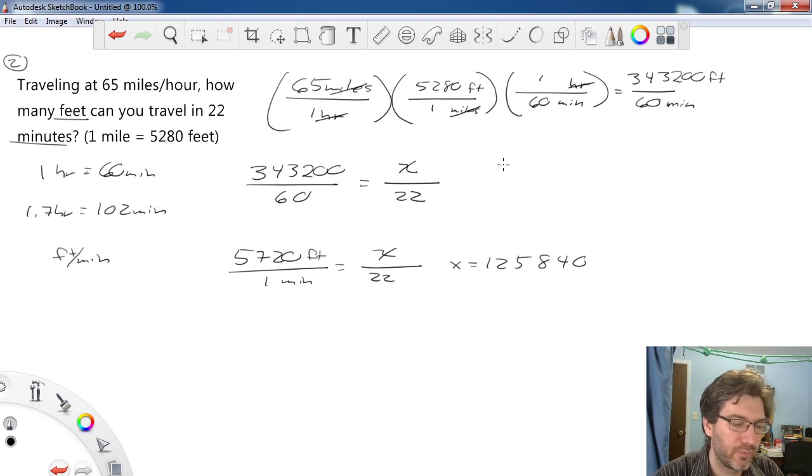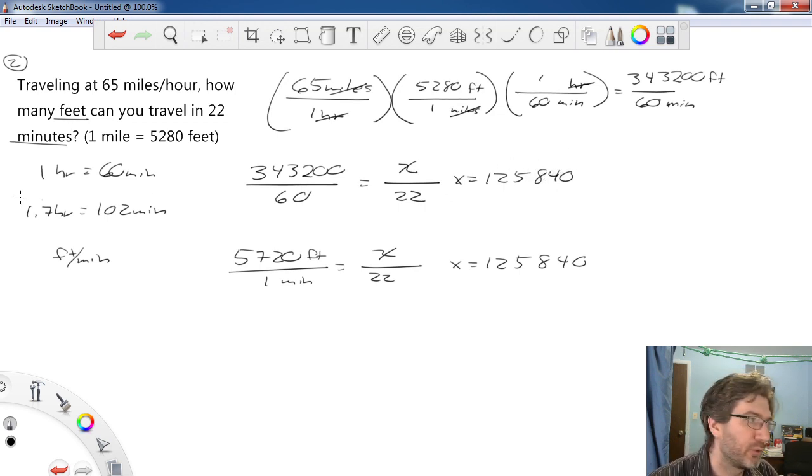This one here, if we did it this way, 343,200 times 22 divided by 60 gives us the same thing. Just double checking it, making sure. 125,840 still gives you the same thing.